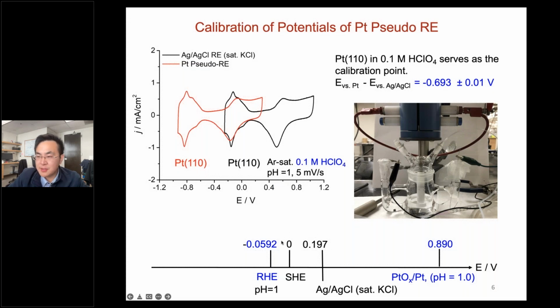In the bottom part of this slide, I'm showing you a very convenient potential conversion scale, so you can see the comparison. Eventually, we can place where the potential of the platinum pseudo reference electrode is. Here's the difference we are seeing, and the standard hydrogen electrode is the absolute 0 reference point. It's always 0 by definition.